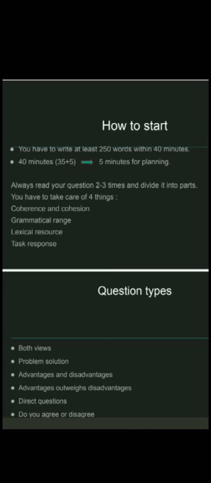Maybe the task is given on the environment, so you should know each and every vocabulary item related to the environment topic. Last one is task response. Task response, I think you know very well. Task response means the statement which is given to you for task 2, you have to write a synonymous statement in your introduction, that is called task response.